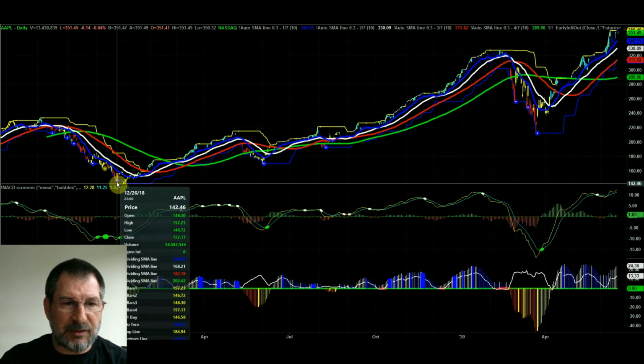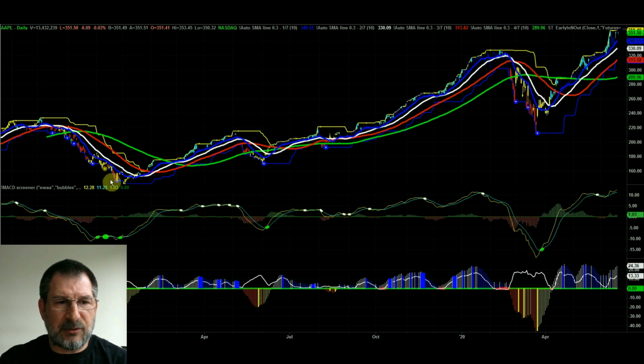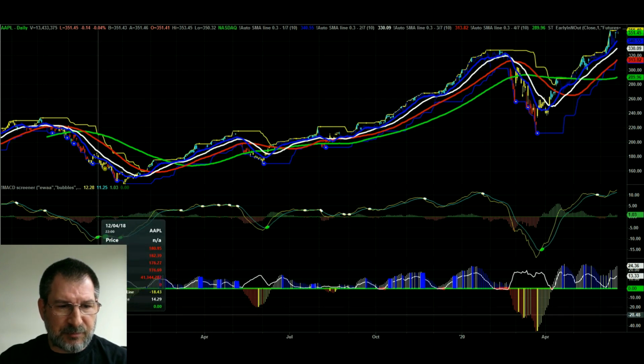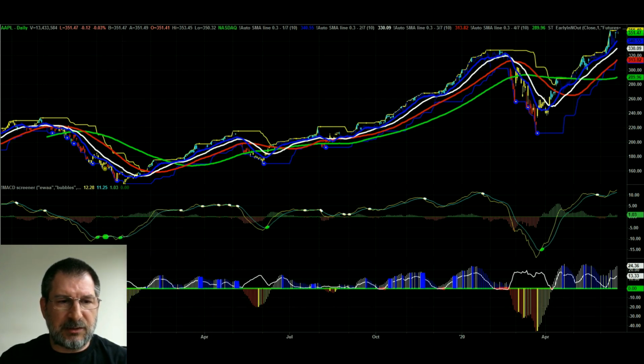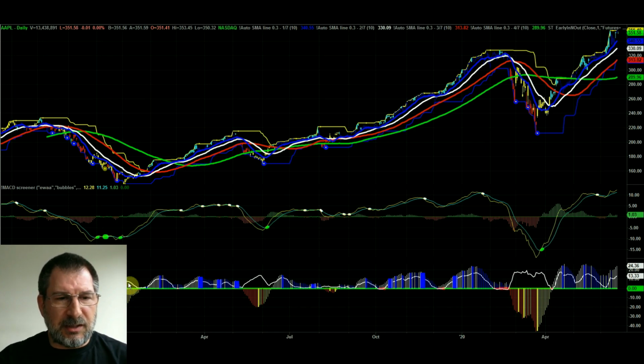Well, the price at this point was 144, so it was a more downward price, a weaker price, a worse price, and yet the momentum was much better. So even though the crowd was screaming bloody murder and booing and hissing, there were a lot fewer people doing it, and that's pretty much a really strong reversal sign.